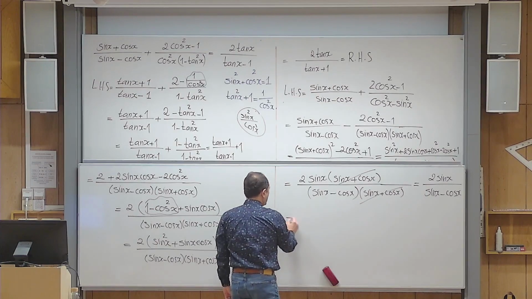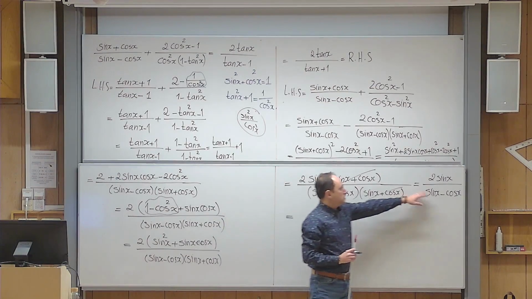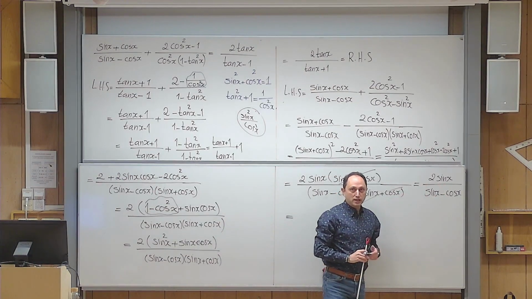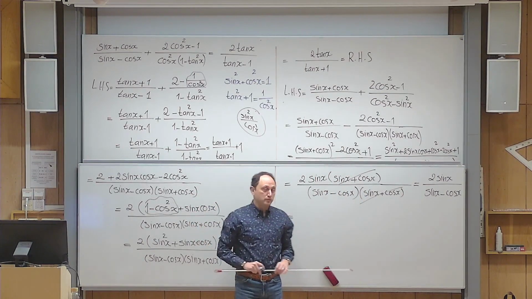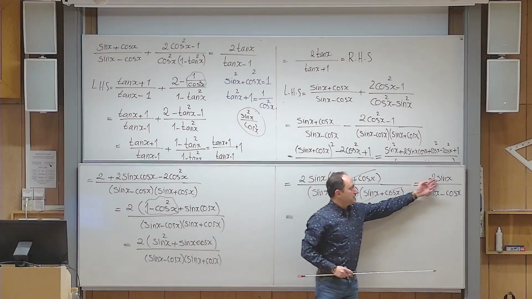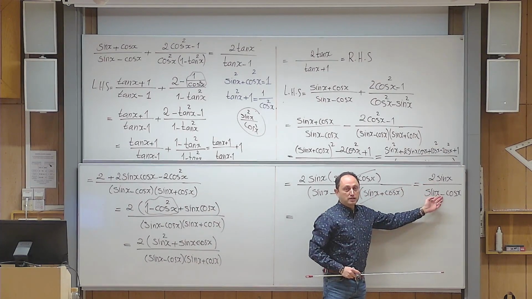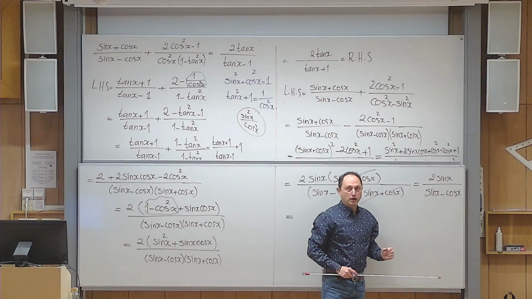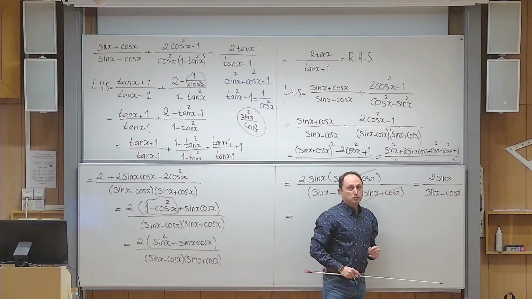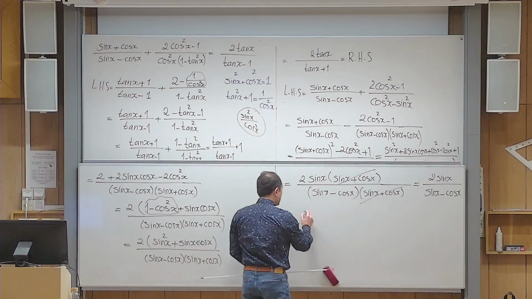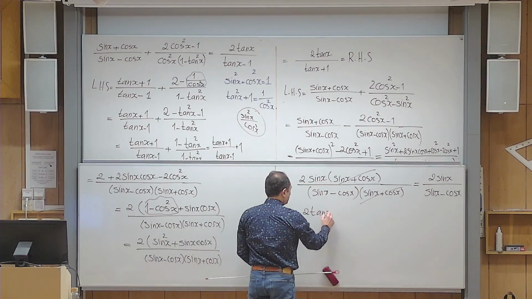So what I'm supposed to do, I want to write this expression in terms of tangent x. From the experience you got there, probably you can guess what I'm supposed to do. I rescale this fraction by dividing everything by cosine x. Why is this useful? Because if I divide the numerator by cosine x, it gives me 2 tangent x.